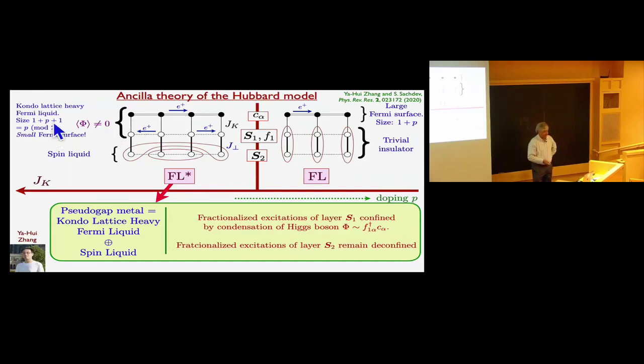And that's going to happen by the condensation of some Higgs field phi, which is just the hybridization of these 2 electrons. Okay, and now the magic is that what is the total density of electrons in this heavy Fermi liquid? Well, there's 1 plus p on the top, and there's 1 on this, so that's 2 plus p. You only measure modulo 2, so you have a small Fermi surface of size p.